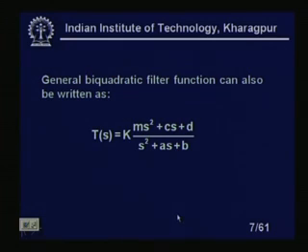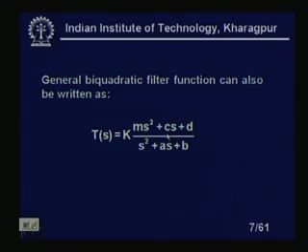The general biquadratic filter function can also be written differently. In the last equation, we wrote it in terms of pole frequency, pole selectivity, zero frequency and zero selectivity. Now, we are writing it with some coefficients: T(s) = K (m s² + c s + d) / (s² + a s + b), where m, c, d, a, b are all coefficients.